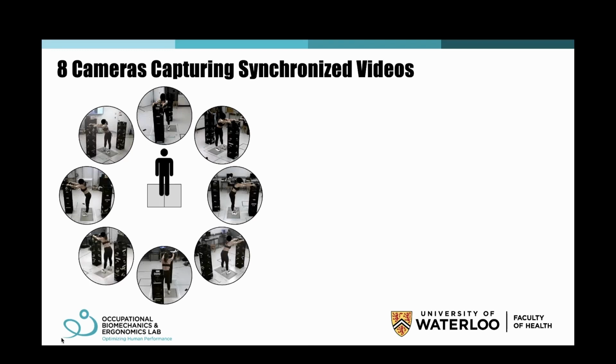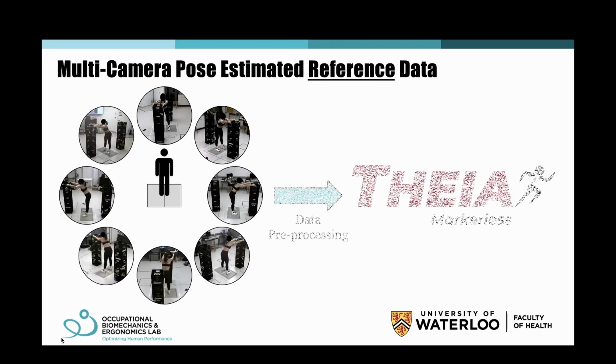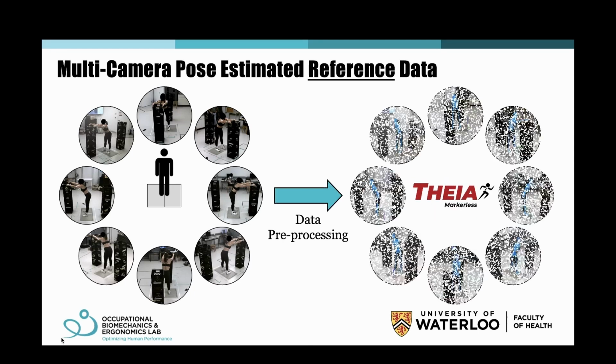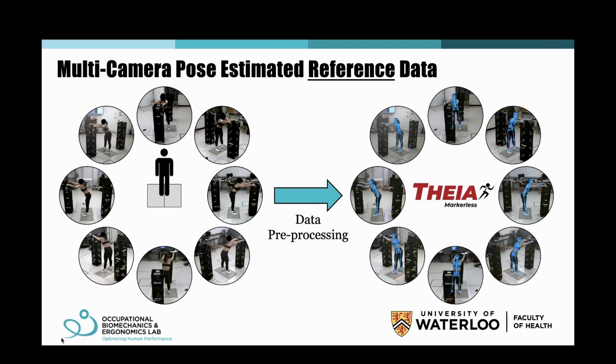In order to get our reference data, or ground truth data, that we're going to be using in this study, we pre-processed the videos through Markerless, which is the system that requires at least 6 cameras to generate a skeletal pose estimated skeleton on the body. So here's what that looks like from all the different camera angles.